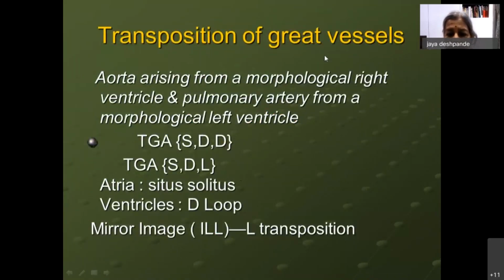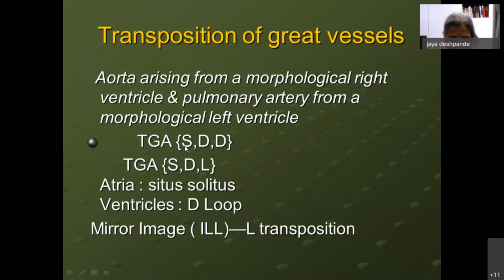So in transposition of great vessels, you have the aorta arising from a morphological right ventricle and the pulmonary artery from a morphological left ventricle. Now Van Praag uses the terms S, D, D, etc. So TGA, that is transposition of great vessels, can be S, D, D. That means situs solitus of the thoracic and abdominal viscera.